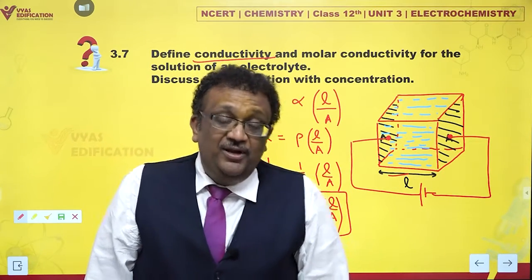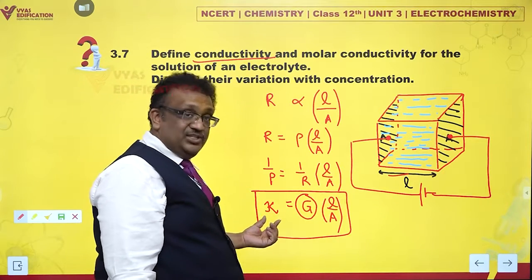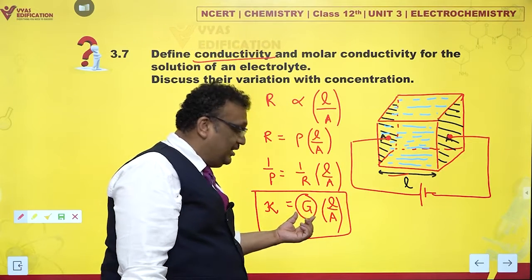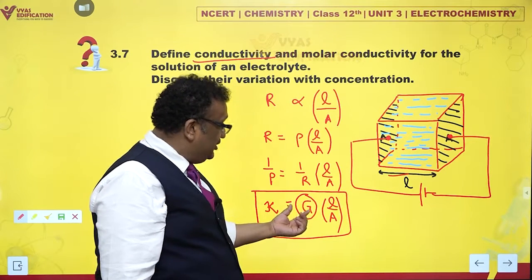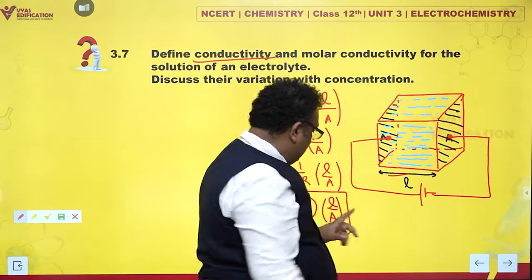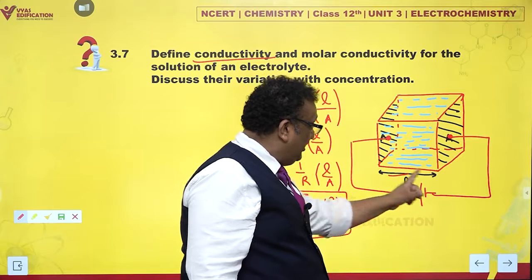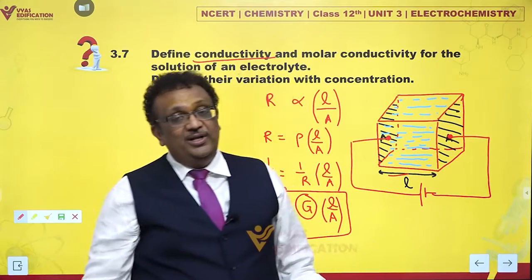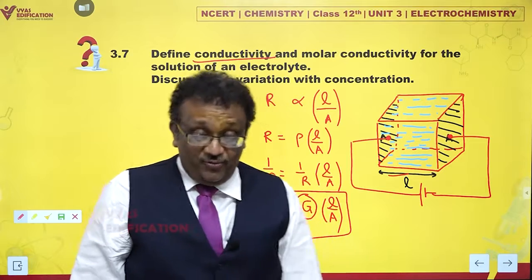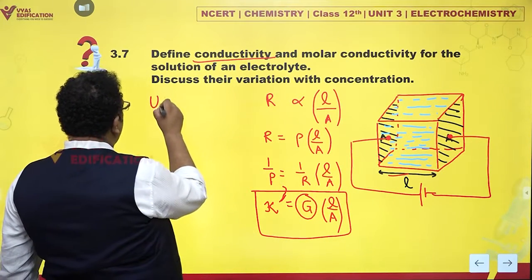So let me repeat, what is conductivity kappa? Conductivity is defined as the conductance, G is conductance, of a solution which is placed between two parallel plates having area of cross section unity separated by unit distance. That's it. And of course, what are the units? We must write down units also.